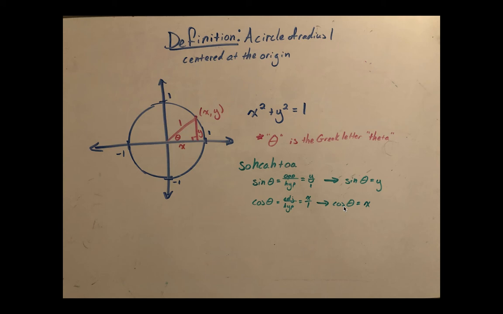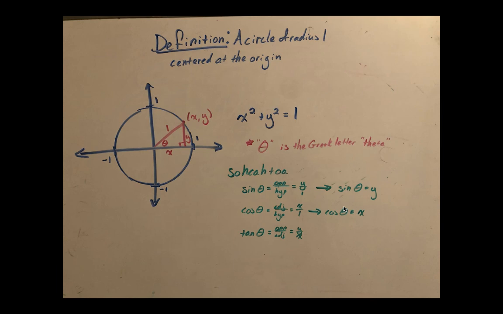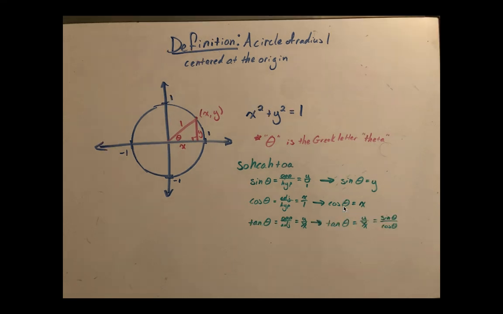And then tangent is opposite over adjacent, which is y over x, which means that in the unit circle, the tangent of your angle theta is the y over x for the point that you're looking at, and it's also the sine of your angle theta over the cosine of your angle theta. That's actually always true regardless of whether you're in the unit circle or not.